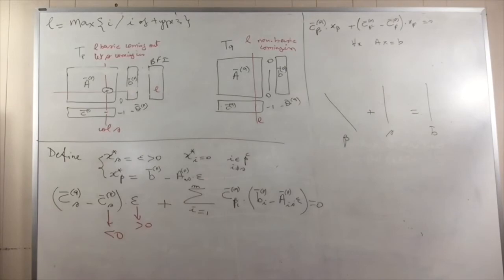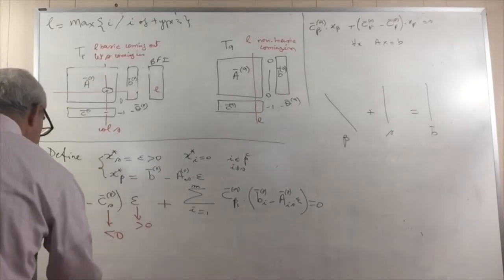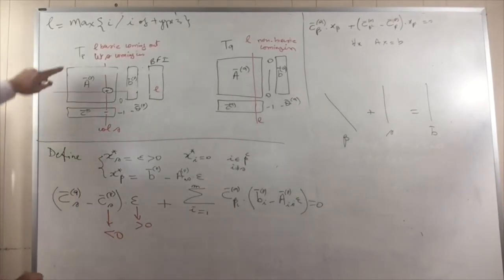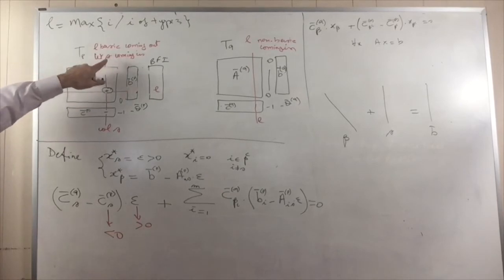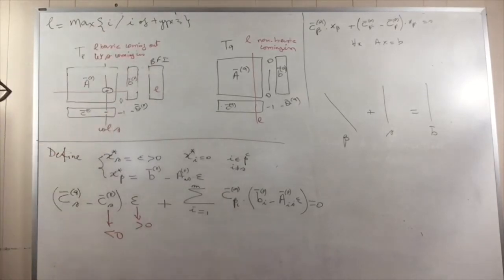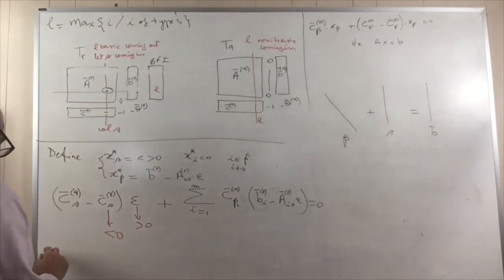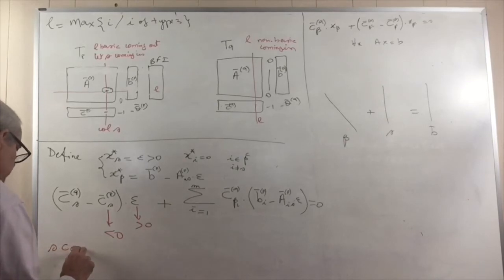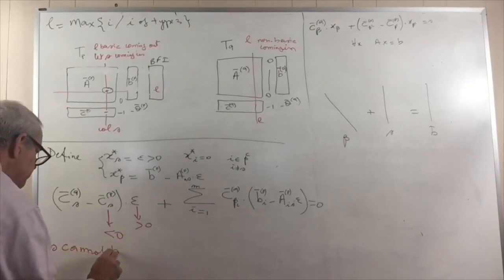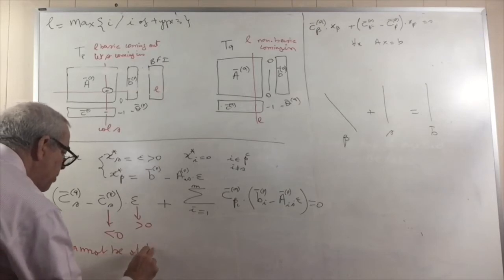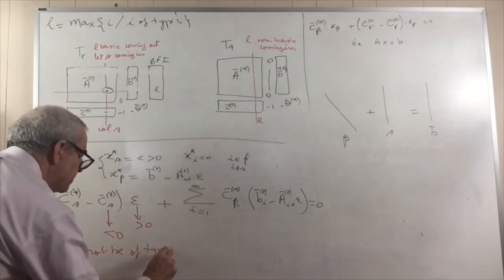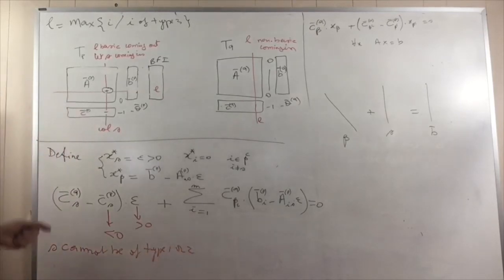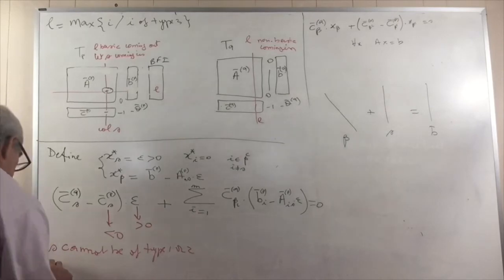Now how about this term? S was non-basic and it's coming in, so S cannot be of type 1 or 2, because it changed status. It was non-basic and it becomes basic. So therefore S is of type 3.